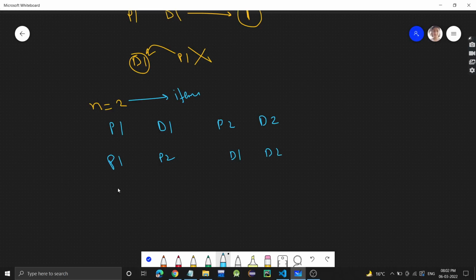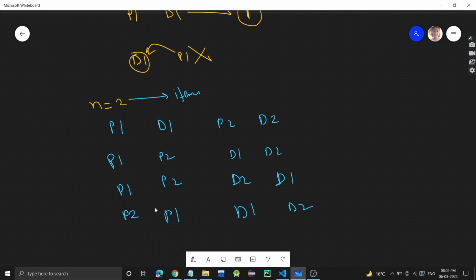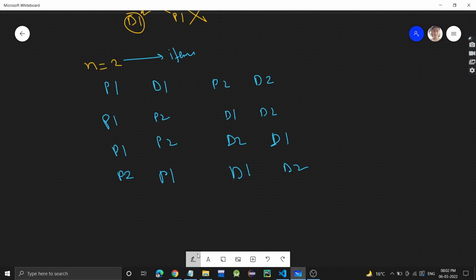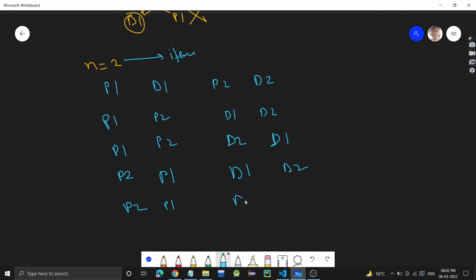Fine. Maybe we can do it like this also, that we are picking first item, second item, we are delivering second item first and then delivering the first item. Or we can also first pick the second item and then pick the first item and then deliver the first item, then deliver the second item. Or we can pick up the second item, pick up the first item, but deliver the second item first and then the first item.